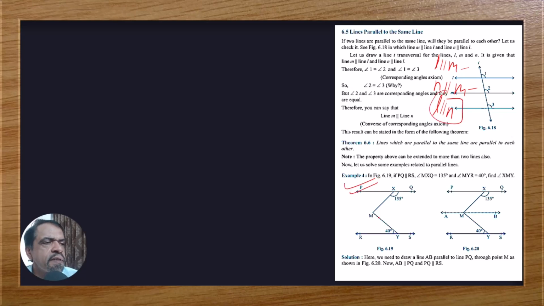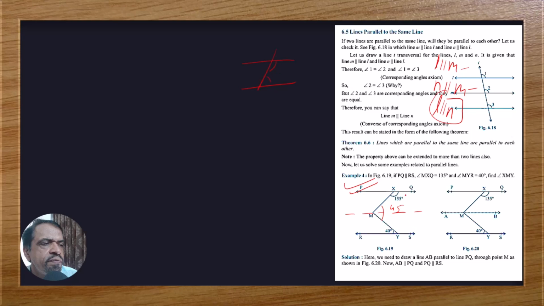See here, it is given this angle is 135, this is 40, and these lines are parallel. We need to find this x, y. So we will construct a line which is parallel to these two lines. This 135 means this angle will be 45, because of co-interior angles. The lines are parallel, so the co-interior angle sum is 180.